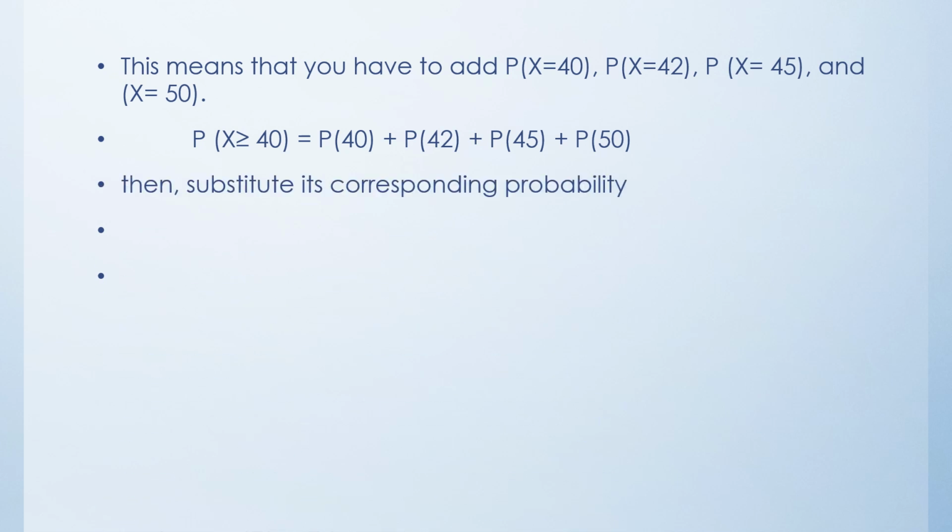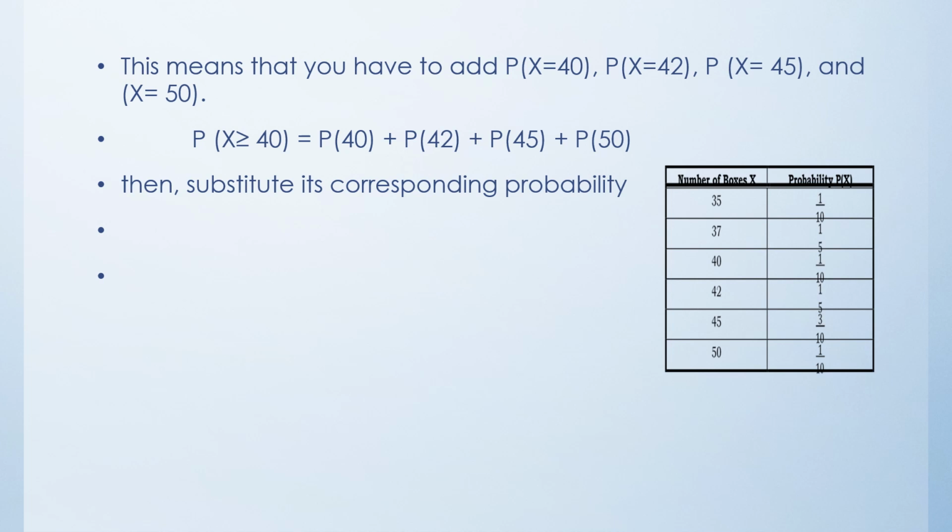Then, substitute its corresponding probability. From the given table, we have the probability of 40 is 1 over 10.